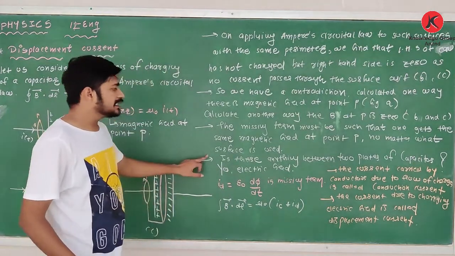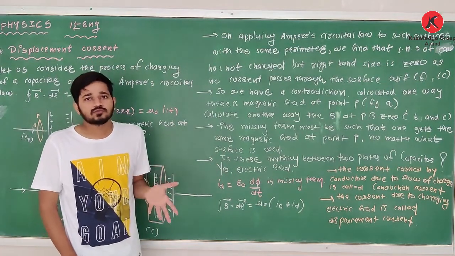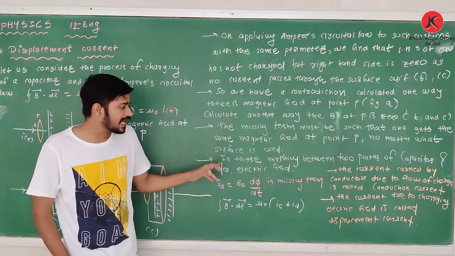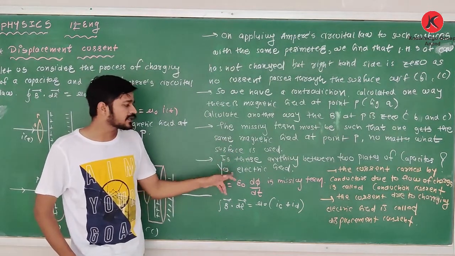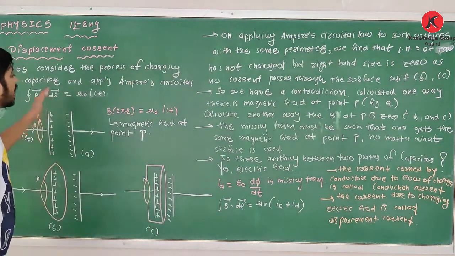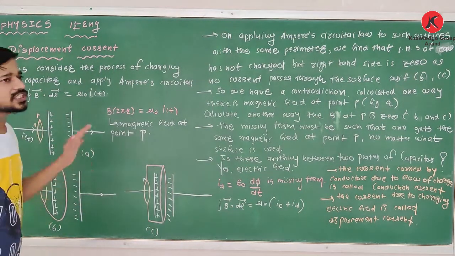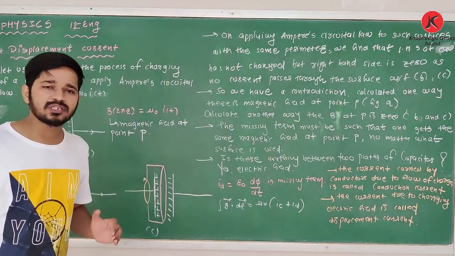Now, is there anything between the two plates of the capacitor? Yes, there is an electric field between the two plates. And as it is the charging process of the capacitor, the charge on the plates changes, so obviously the electric field between them changes.